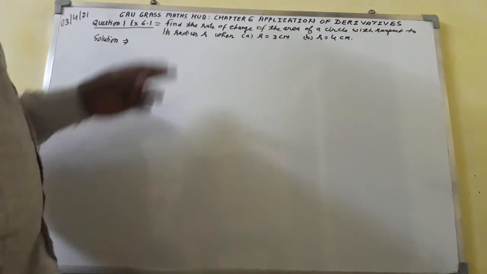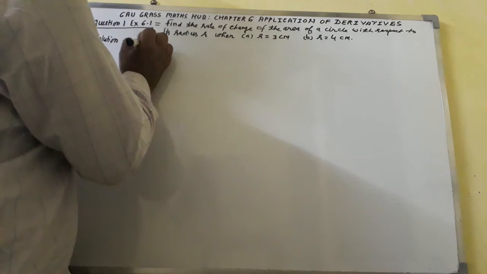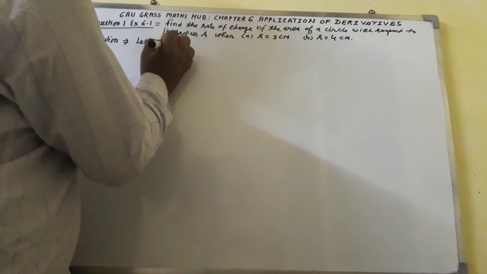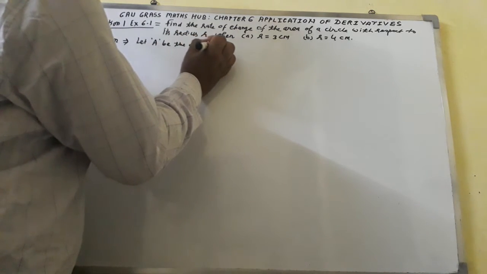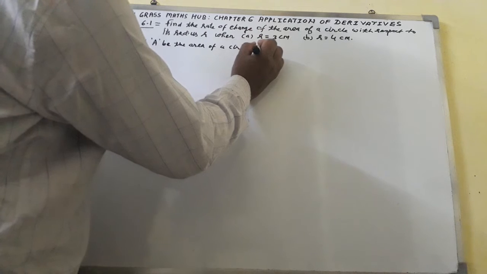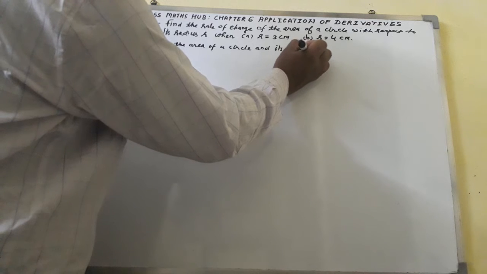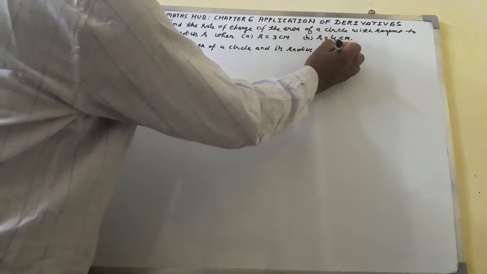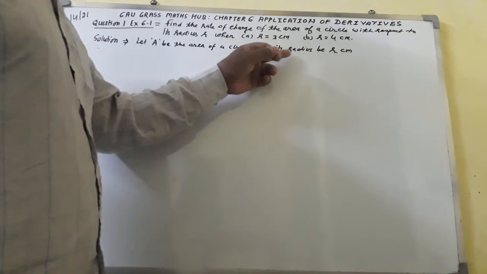Solution implies that here it says find the rate of change of the area of a circle. So here I shall write: let capital A be the area of a circle and its radius be r centimeter.